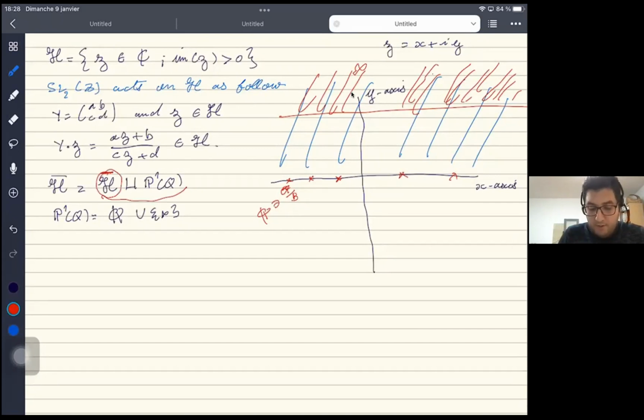We add this P1(Q), which is a discrete set, and Q we see naturally on the x-axis, and we have this infinity. For infinity, we add the neighborhood of infinity as follows. We will denote it by D_H, say.